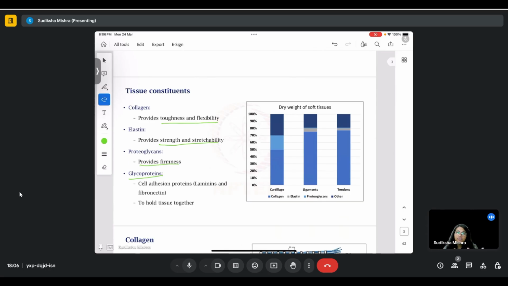So you need to hold together the cell plus the matrix, so that the tissue does not disintegrate, right? So these glycoproteins are the ones which mediate the adhesion, and therefore these are known as cell adhesion proteins of the cell to the matrix. Some of these proteins are laminins, fibronectins, tenascins, etc. There are many such examples.